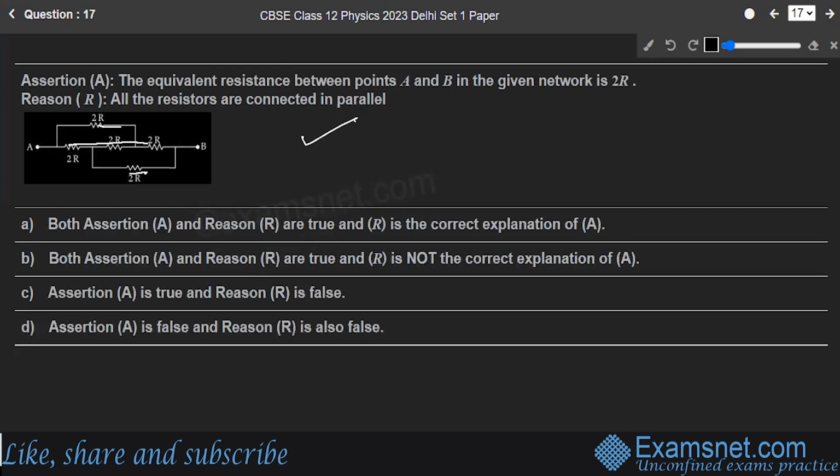So in the question, you are given that the equivalent resistance is equal to 2R. This may be correct.